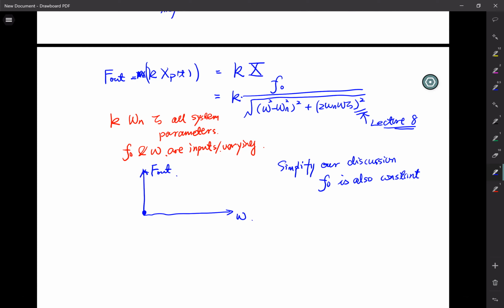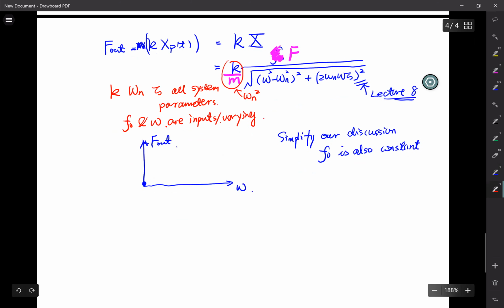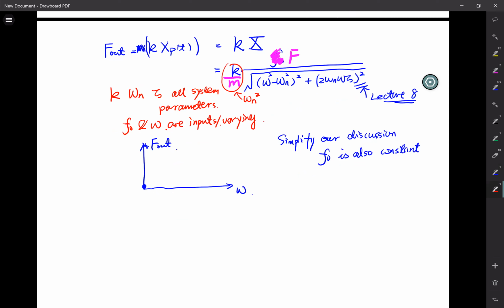So what we usually do is we want to normalize our system. Okay? So remember, your F naught is F divided by m. And then you can move this divided by m in front. And then let's recall that k over m, that's just omega n squared. So eventually, that's your amplitude of your force.